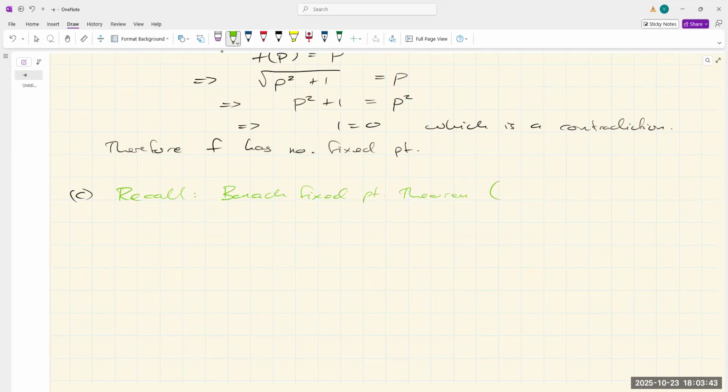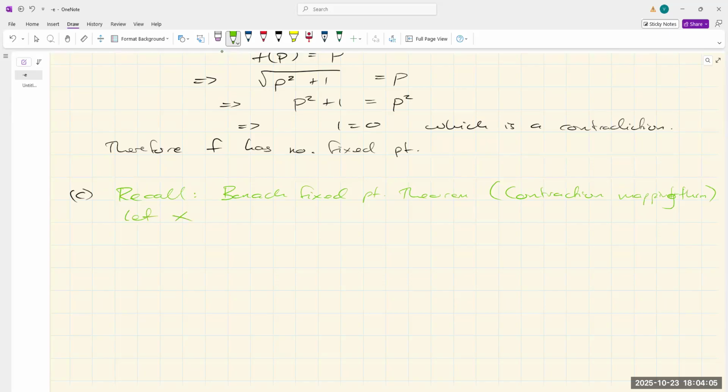So it's something that's called the contraction mapping theorem. What this is saying is we need a complete metric space.